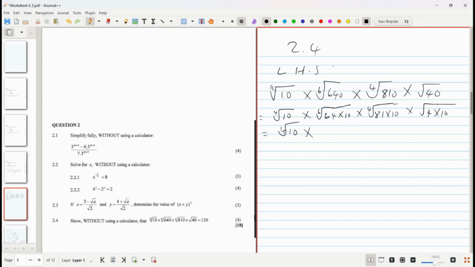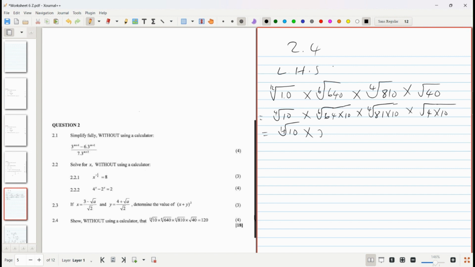Okay, when we write this, we know we have the 6th root of 64. We can rewrite this. We know that 64 is the same as 2 to the power 6, you can confirm with your calculator. 2 to the power 6 is 64, right?